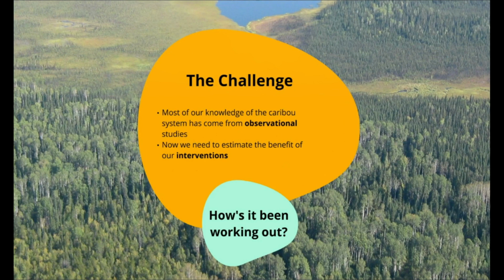We need to know the effectiveness of our interventions from observational data. And through interventions, we're changing the data generating process. So this is certainly a textbook case for some kind of causal analysis.